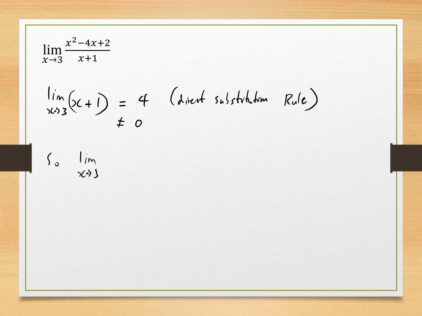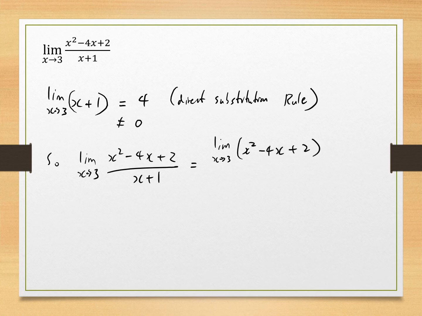So the limit of (x squared minus 4x plus 2) divided by (x plus 1) as x approaches 3 would equal the limit as x approaches 3 of (x squared minus 4x plus 2), divided by the limit as x approaches 3 of (x plus 1).